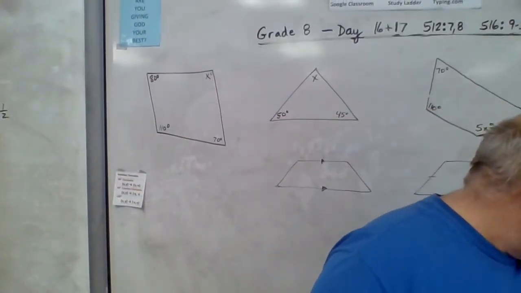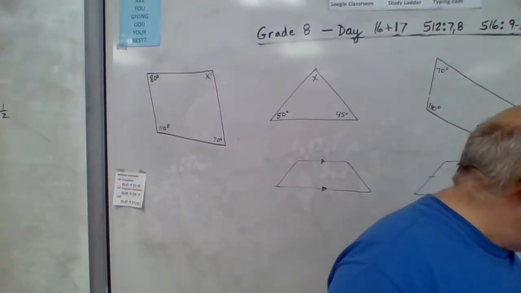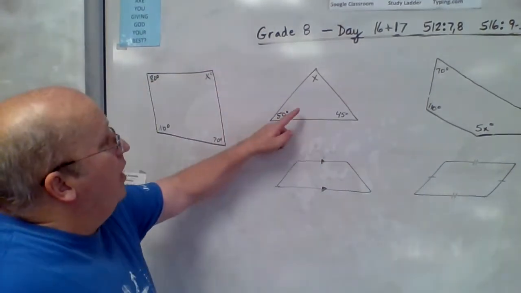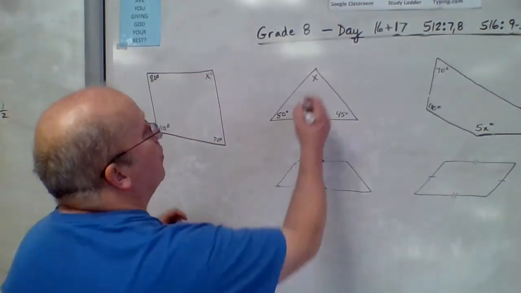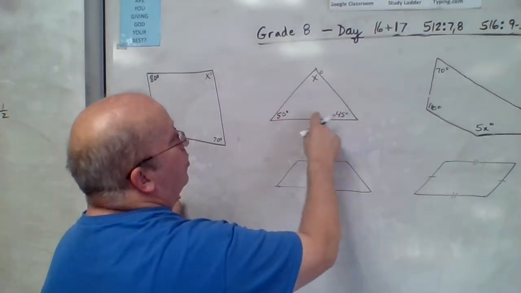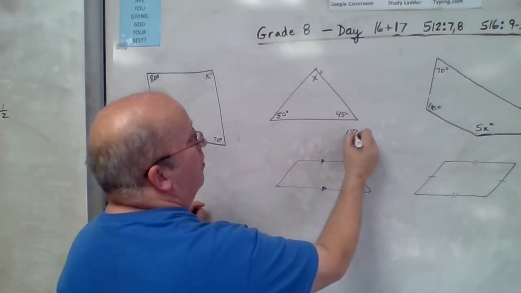Now what about 513, 514, and 516? You remember that if we want to find the value of x here, the sum of these three angles has to be 180.